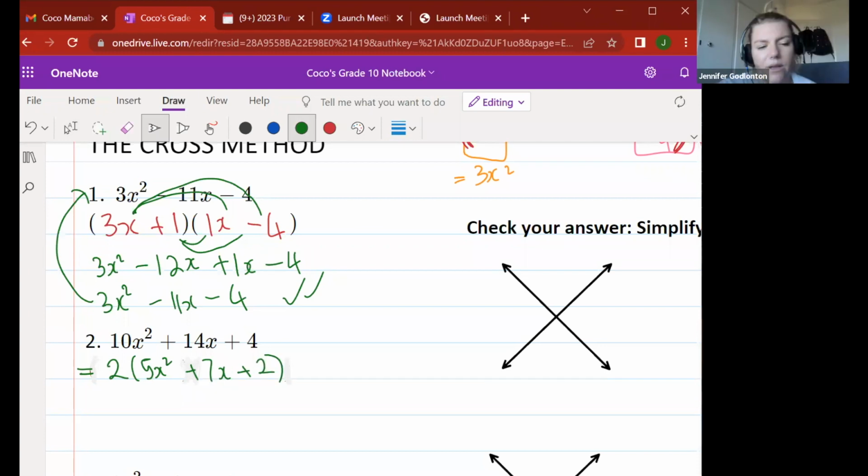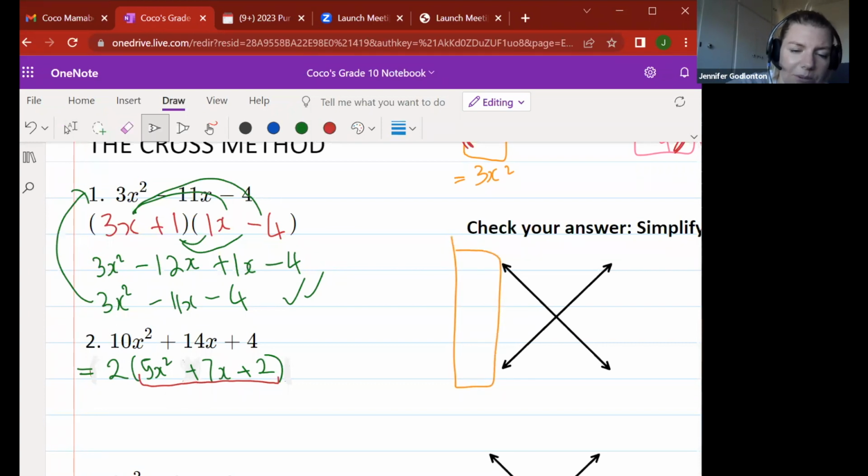All right. So we have taken out our highest common factor. You are now needing to factorize this. We're going to use our cross method. So just to help you out while you're learning, over here on the left-hand side, when we multiply those two together, we need to get this 5x squared.